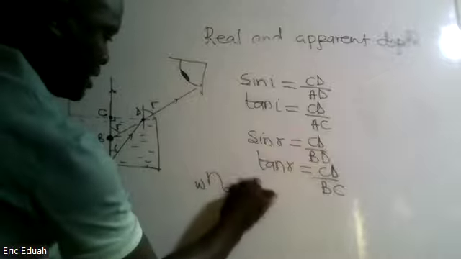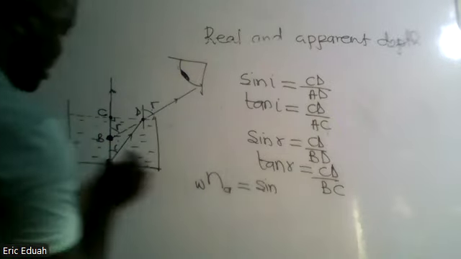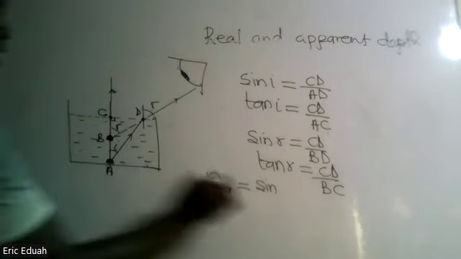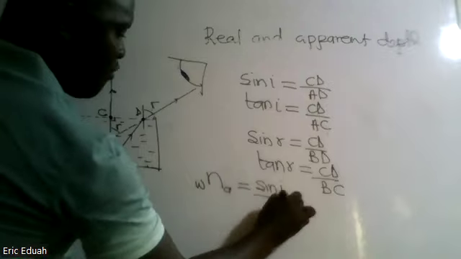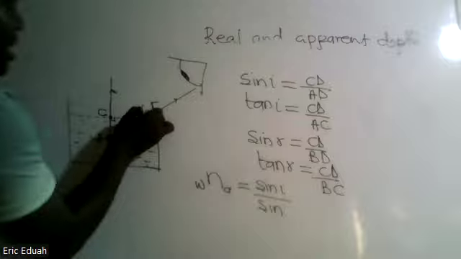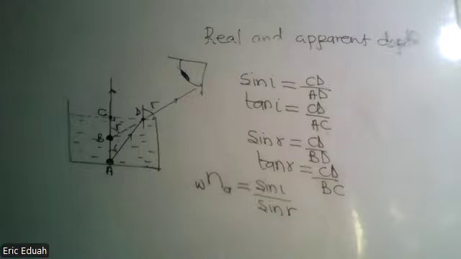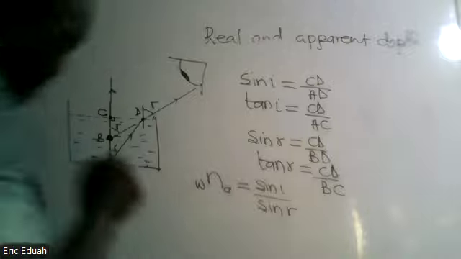So Snell is saying that it is equal to sine of the angle of incidence I over the sine of the angle of refraction R. Gabby and Co, are you following? Yes, sir.